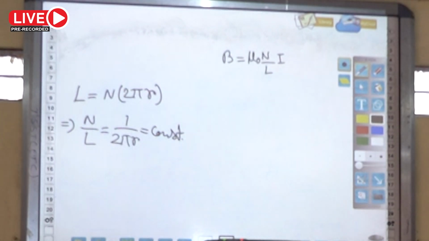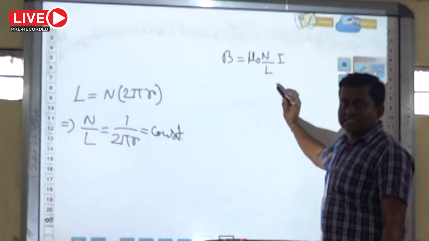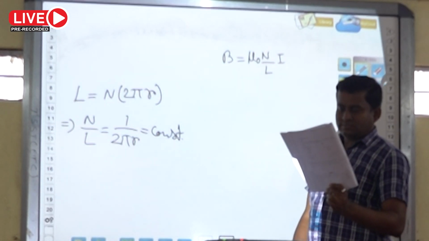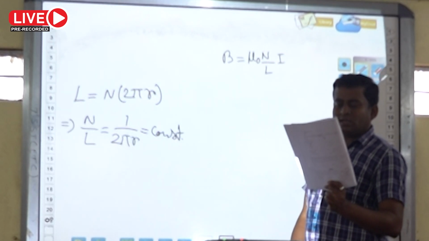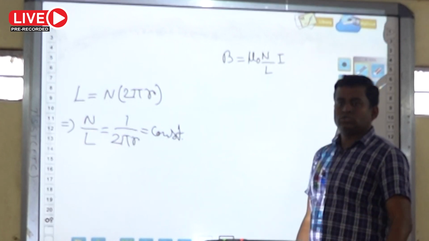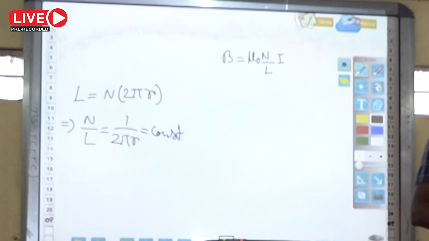Okay. So that means when current is half, magnetic field will be half. Current is set to half, right? Reduced to half, then the field will be reduced to half. That means X by 2 is the answer.